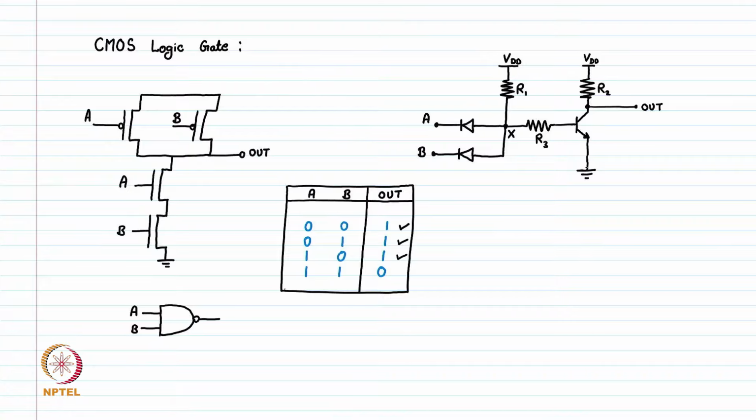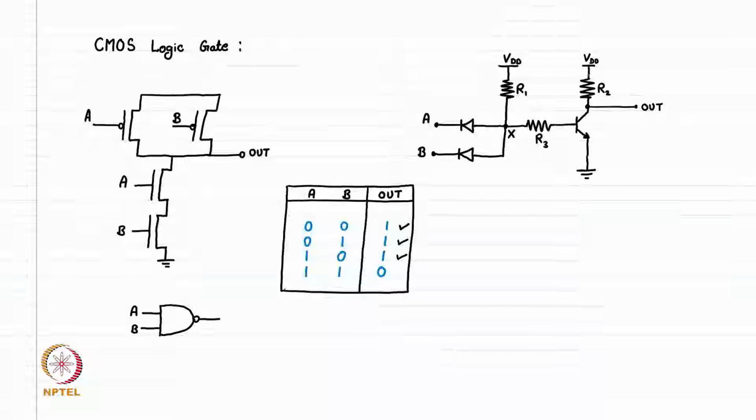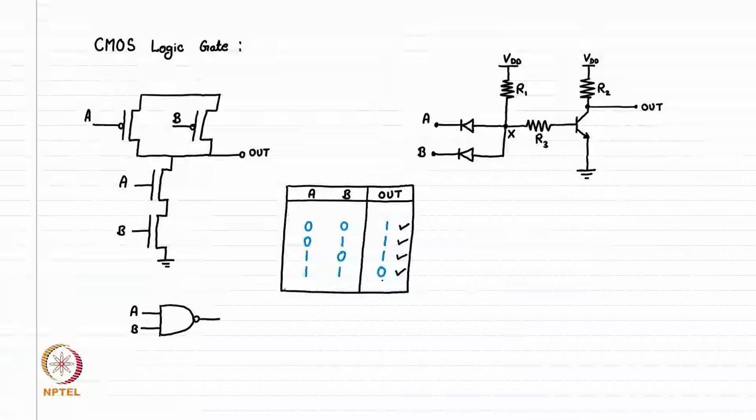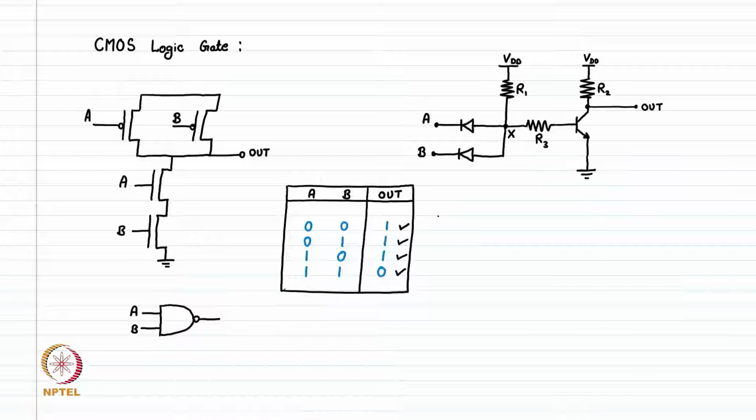As soon as the BJT turns on, this node out will be pulled down to 0 because there will be a current flowing from VDD to ground, and because the saturation on-resistance of the BJT is low, this collector to emitter resistance is low, so the output will be pulled down to ground or a very small value. So the output will be 0 as soon as A and B both are high. So this is how this NAND gate works, which is made up using BJT, diodes and resistances.